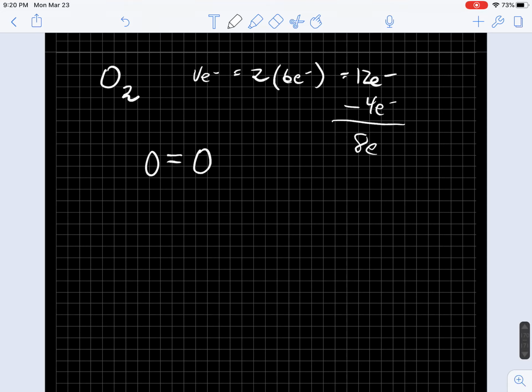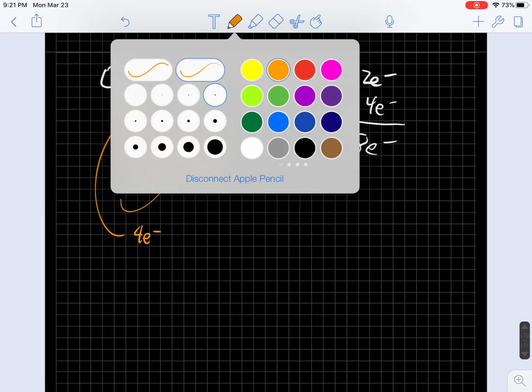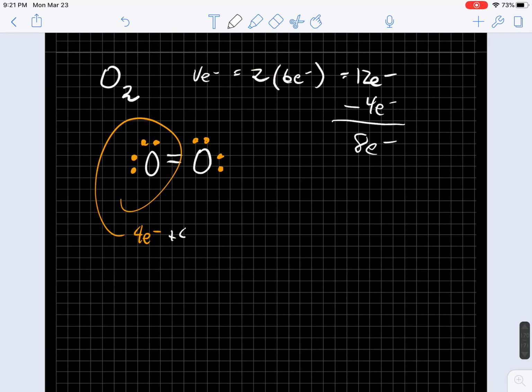So when we double bond the oxygen, those two overlaps require 4 electrons, and that leaves me 8 to complete the octets, and that works out perfectly because each oxygen requires 4 electrons to complete its octet. If you look at the first oxygen right here, we have 4 electrons from the unshared pair, plus the double bond involves 4 electrons, so you're looking at a total of 8 electrons.